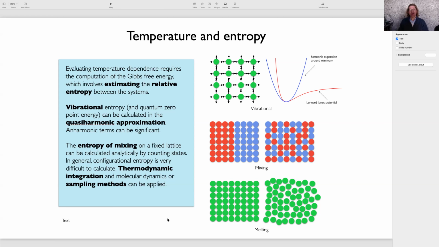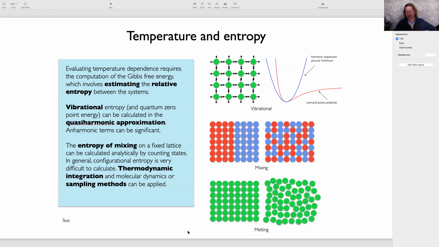At low temperatures, well below the melting temperature, when the atoms are not significantly rearranging due to the thermal motion, you can make an approximation known as the quasi-harmonic approximation to capture the vibrational entropy, and also on top of that, the quantum zero point energy.